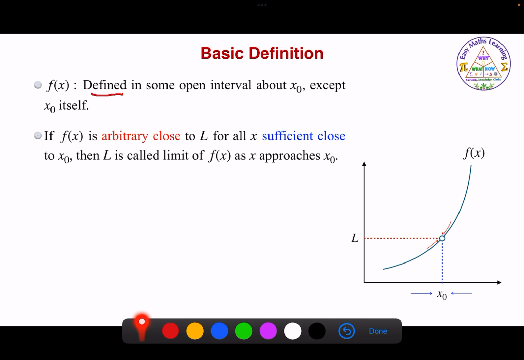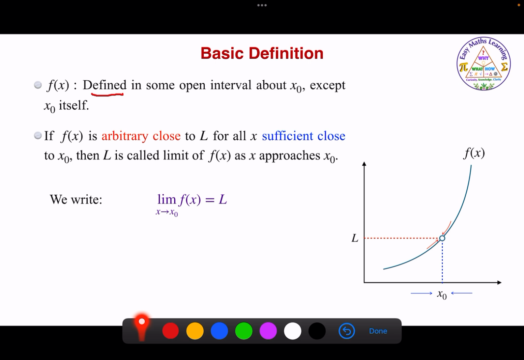So if the value of the function f(x) gets arbitrarily close to L, some fixed number, as x gets sufficiently close to x naught, then we say L is the limit of this function as x approaches x naught.